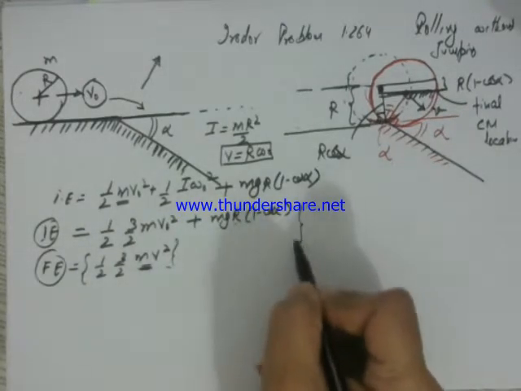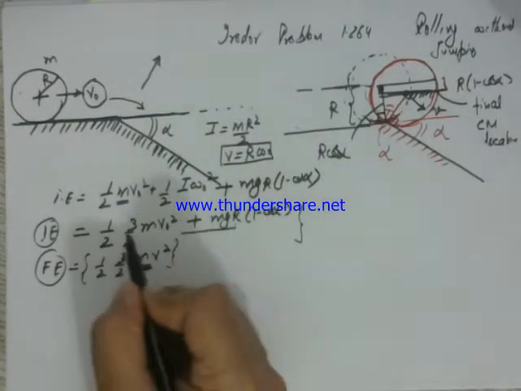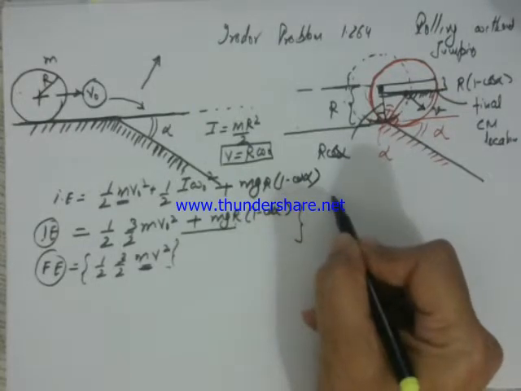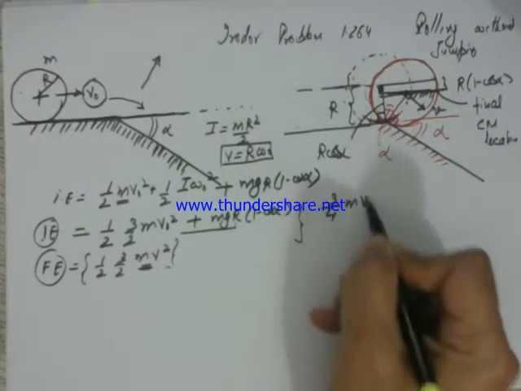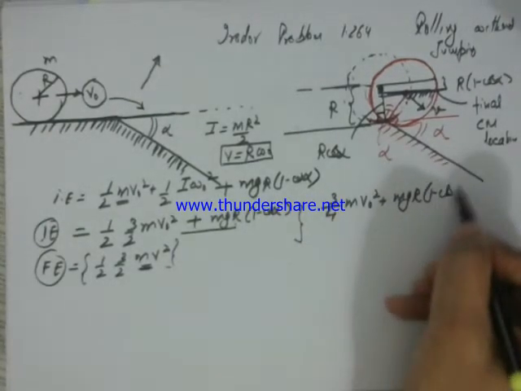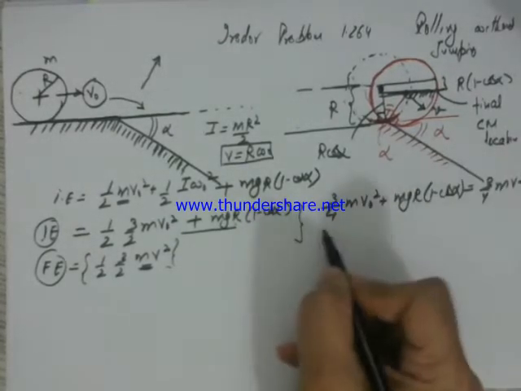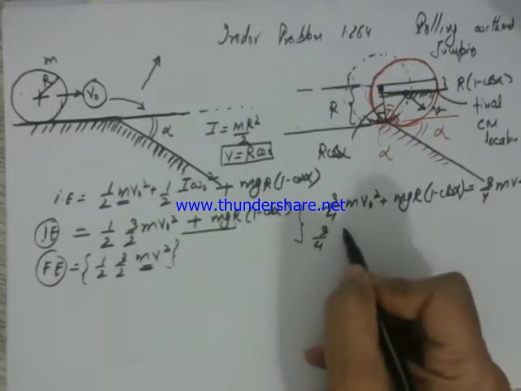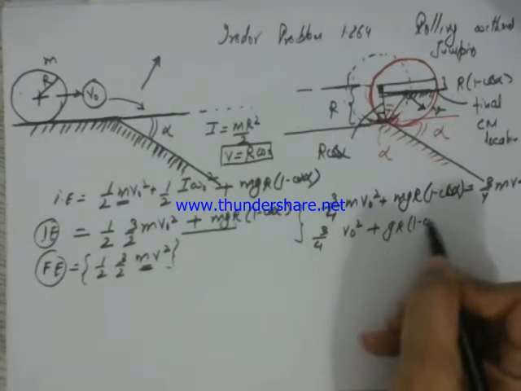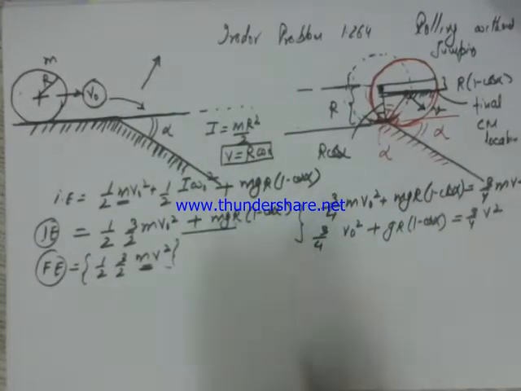So equate these two energies: initial total energy, kinetic plus potential, equals final energy. So you get 3 upon 4 m v0 square plus mgr(1 minus cos alpha) equal to 3 upon 4 m v square, or 3 upon 4 v0 square plus gr(1 minus cos alpha) is 3 upon 4 v square.